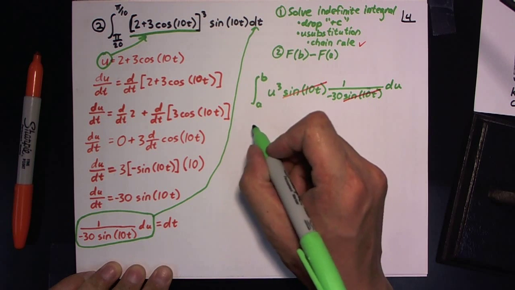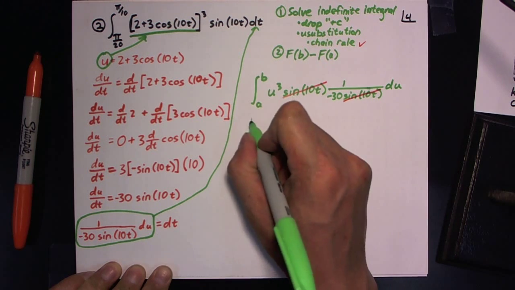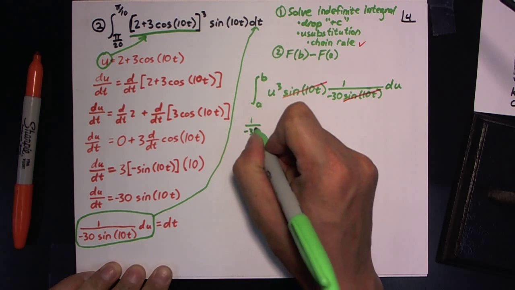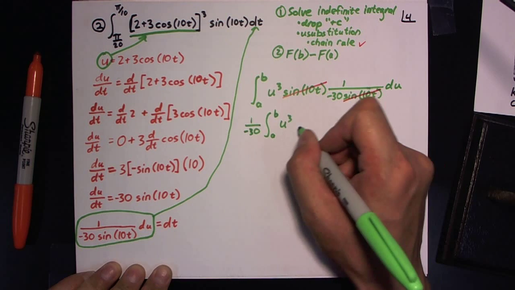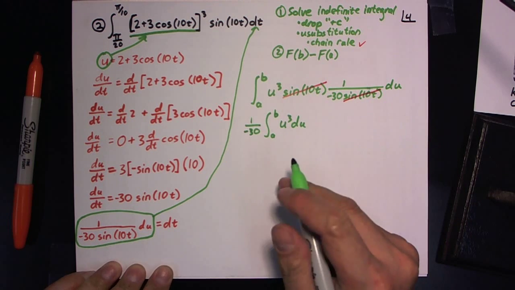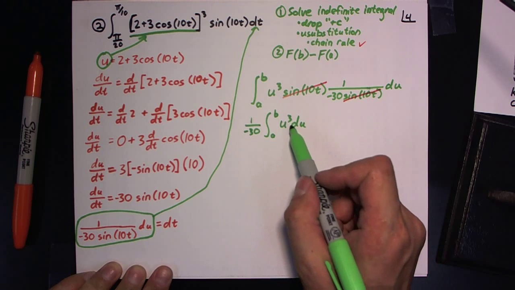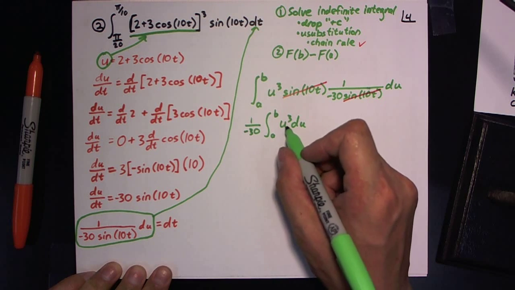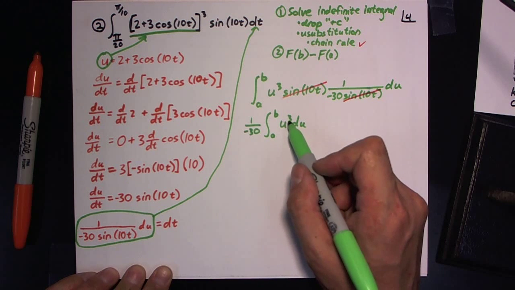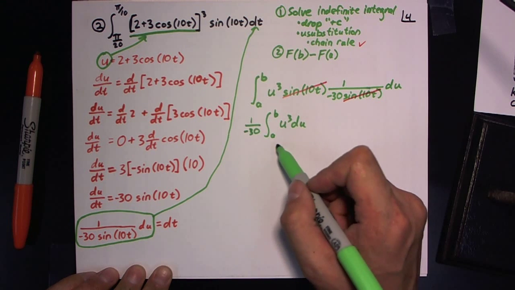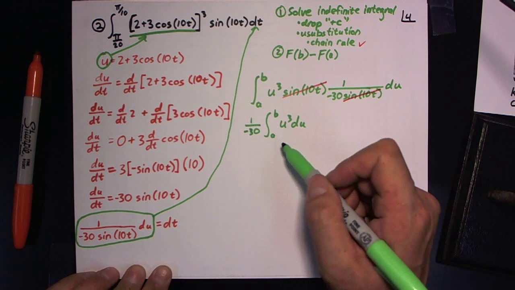Okay, so what we're left with is, alright, well that looks pretty darn simple. This is just a power rule application. Now remember, when you're integrating with the power rule, the power increases by 1 and then the exponent also becomes the denominator.